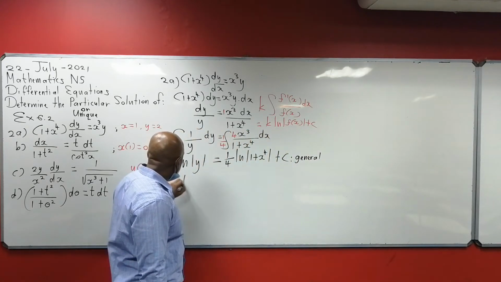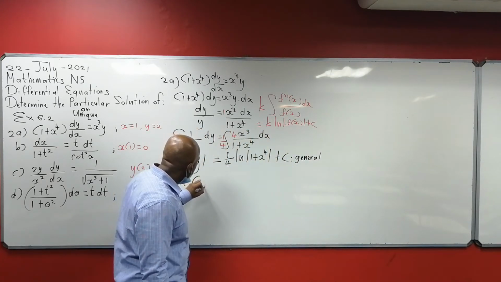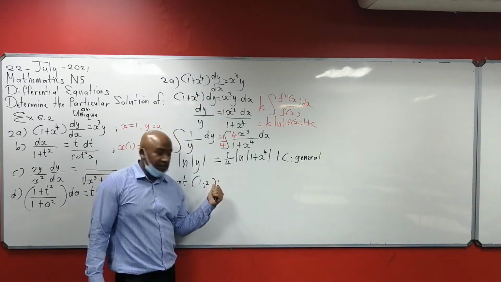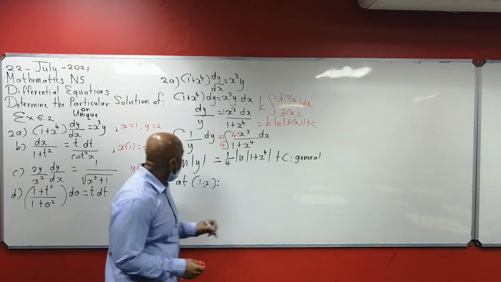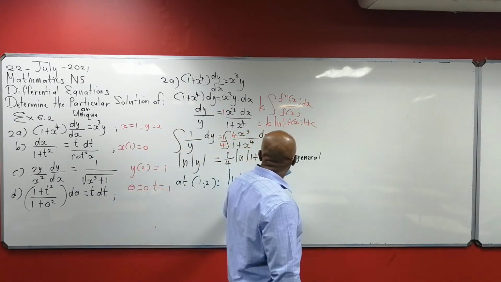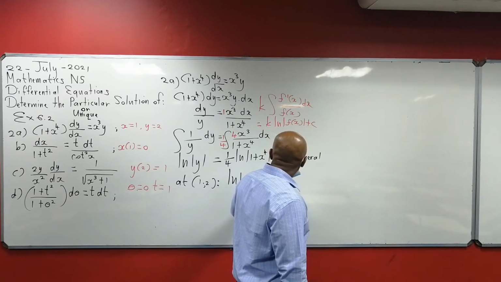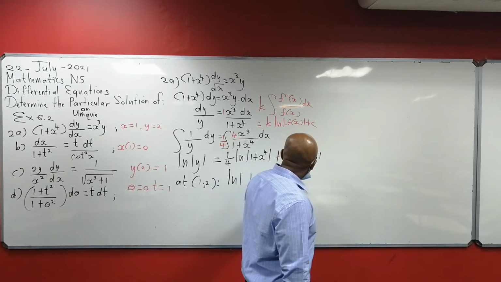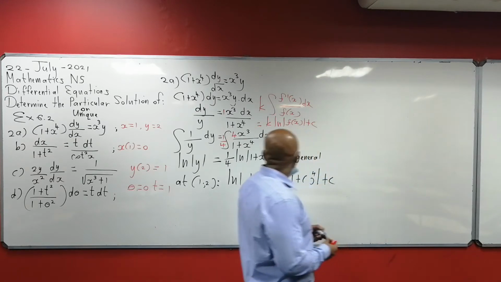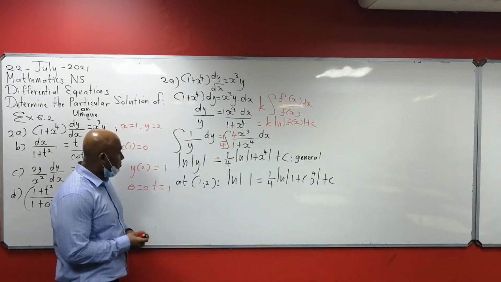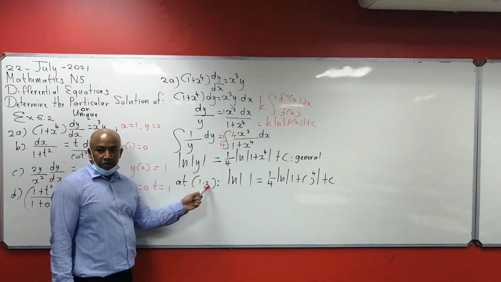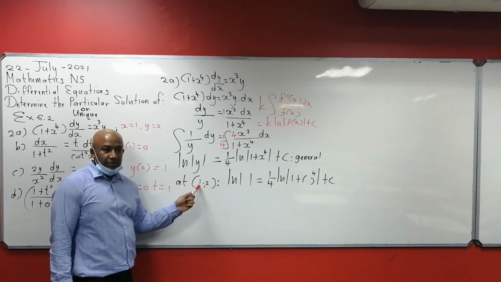So at this point, when x is equal to 1, y is equal to 2, we will substitute these values. So now I got ln absolute value of y is equal to 1 over 4 ln of 1 plus x to the power 4 plus c. Where I see y, I'm going to replace it with 2. Where I see x, replace it with 1.